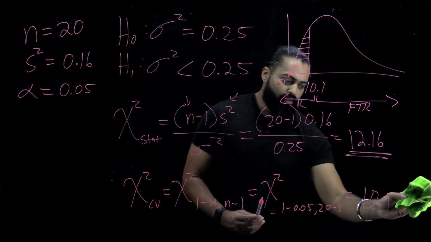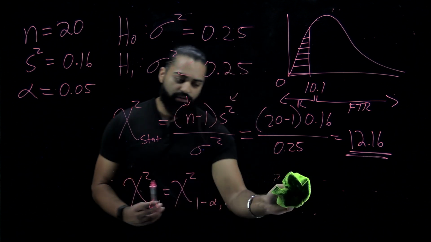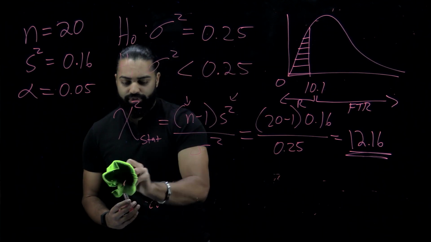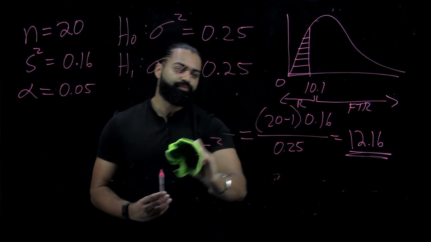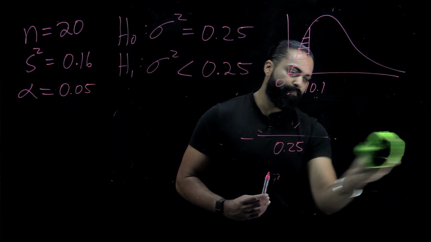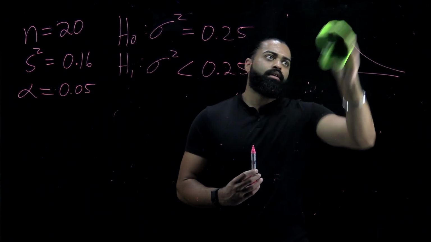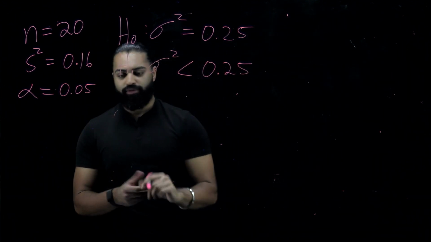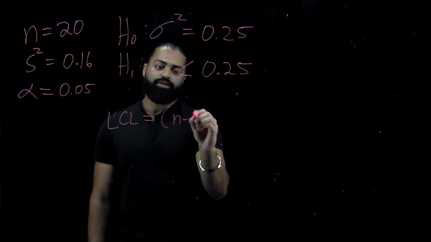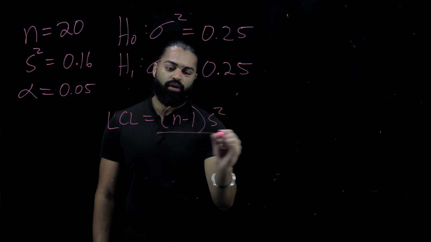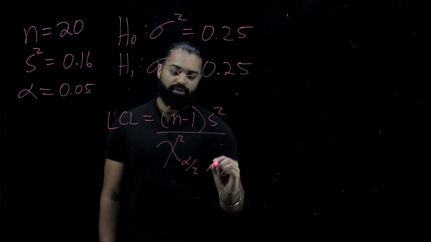Now, if I were to ask you for a 95% confidence interval, that is the next step of this problem. So the formula for your LCL is n minus 1 times s squared over the chi-squared critical value, in this case alpha divided by 2, comma n minus 1.